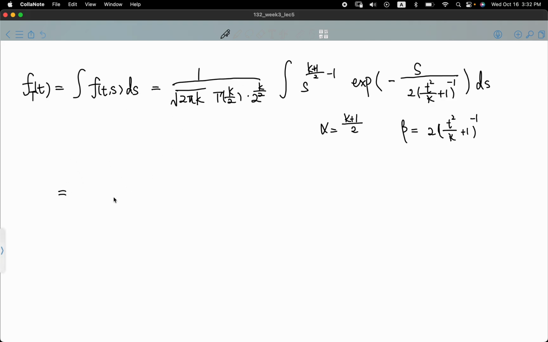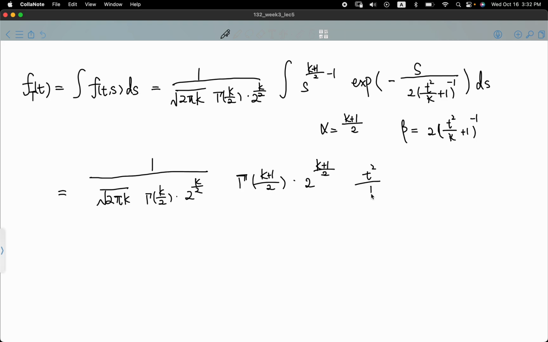Again, this constant stays the same, 2 pi k over 2, 2 of k over 2, and then you should have a gamma function of alpha, so gamma of k plus 1 over 2, and then beta raised to the power of alpha, so you have 2 of k plus 1 over 2, and then t squared over k plus 1 inverse, raised to the power of alpha, so negative k plus 1 over 2.